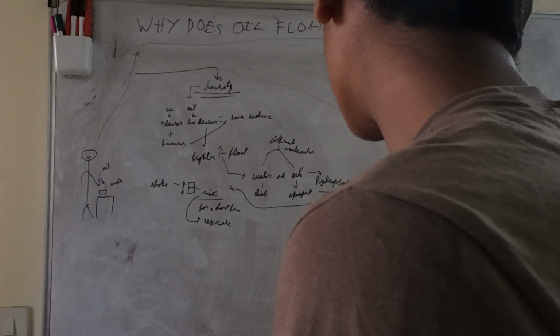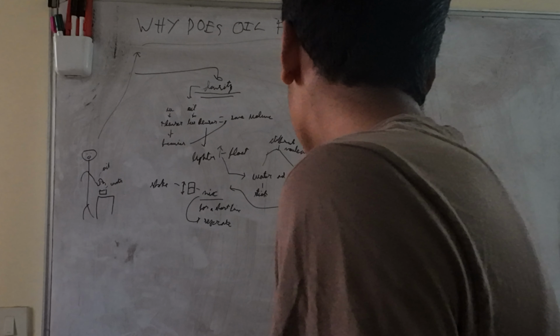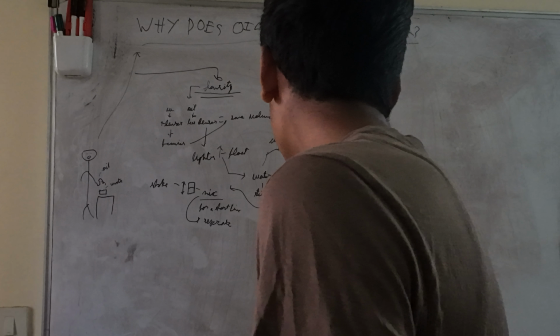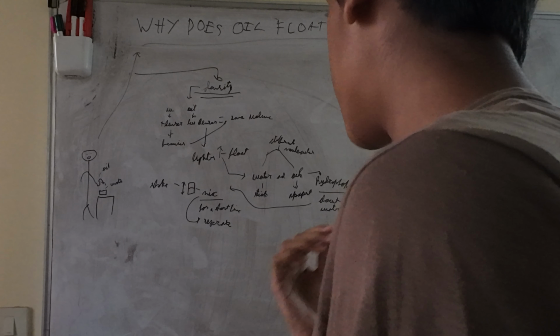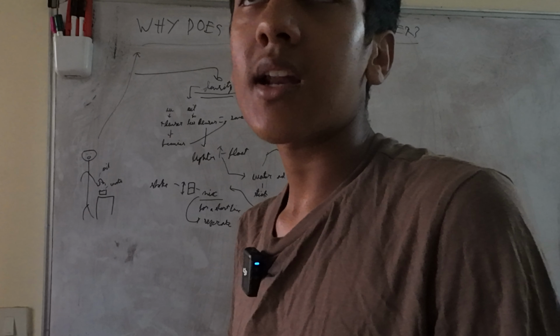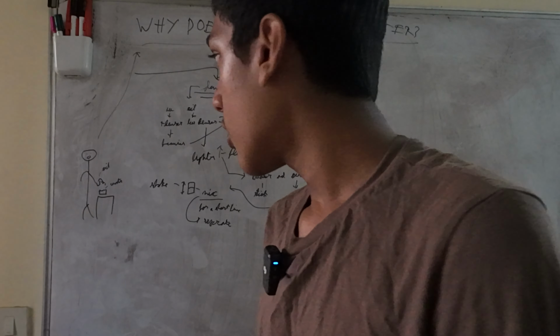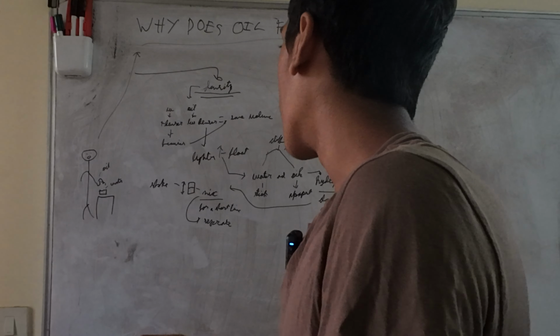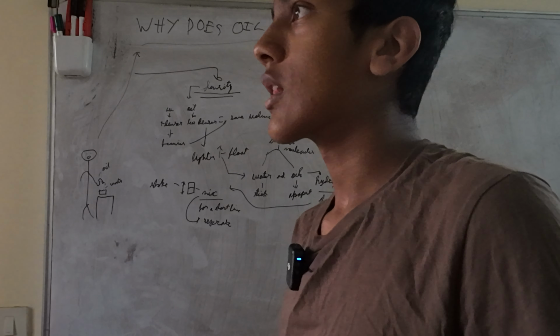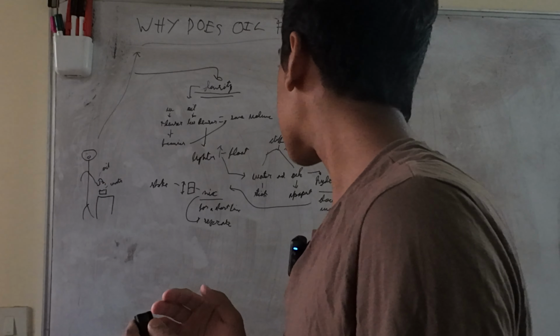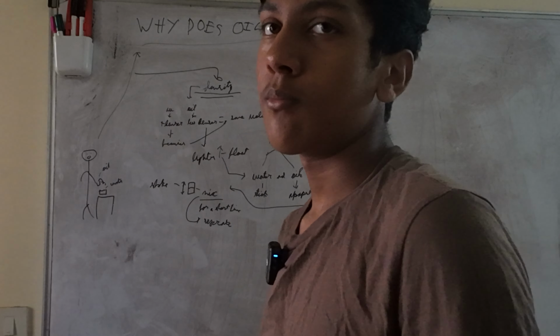Due to this, water and oil have different amounts of molecules in them. And because of that, another thing about oil is that it's hydrophobic, which means it does not stick to water. So with all these facts combined, the oil is less dense than the water, allowing it to float up, and it cannot mix with the water because they're different molecules.